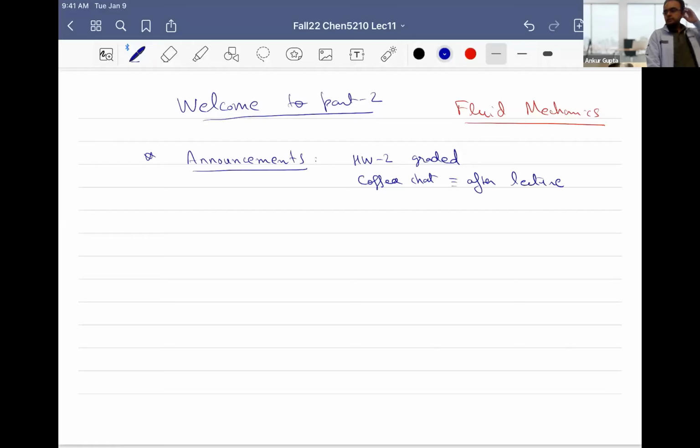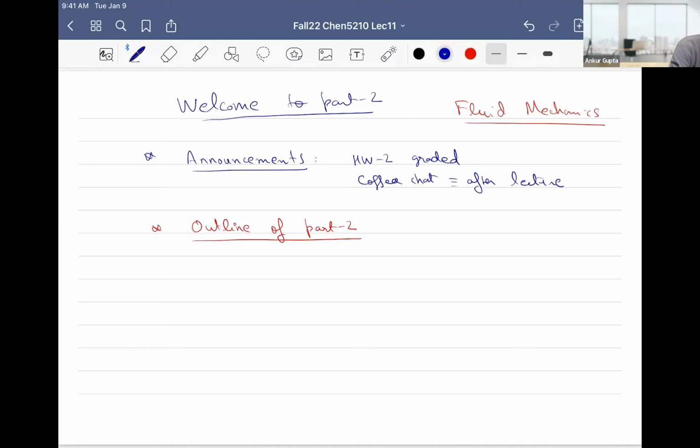Okay, so before I go into the details of the new topic, I just want to outline what you can expect to learn in part 2. Remember that in part 1 we started with defining fluxes: Fourier's law, Fick's law.